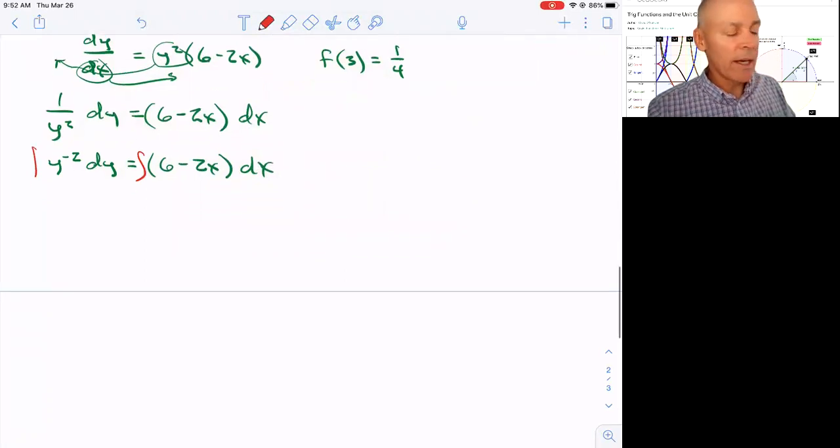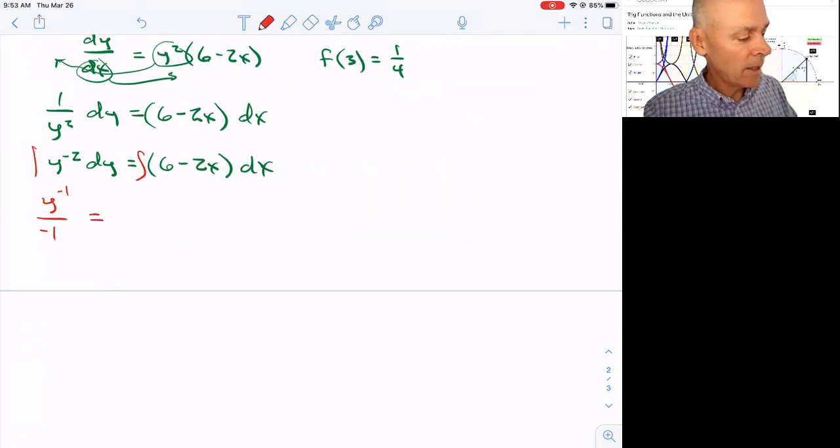When I integrate the left side, I add 1 to my exponent. So -2 plus 1 is -1, and then I immediately divide by that new exponent. So I have y to the -1st over -1 is equal to the antiderivative of the right side, which is 6x minus 2x squared over 2.